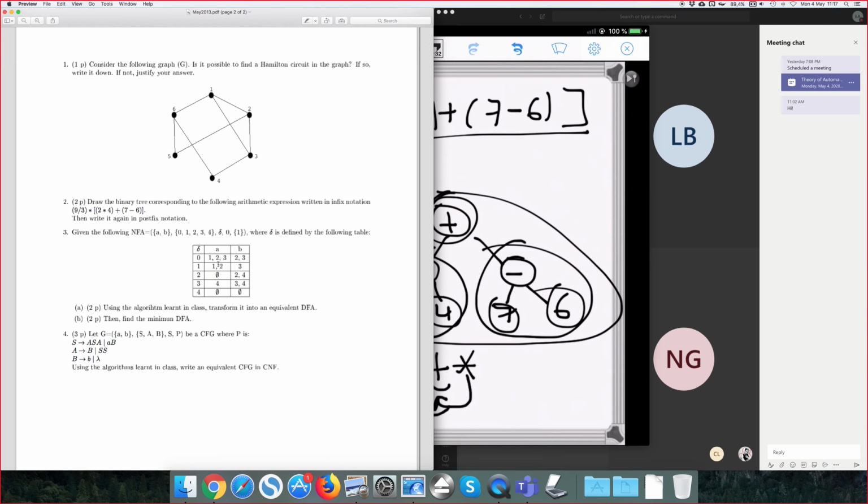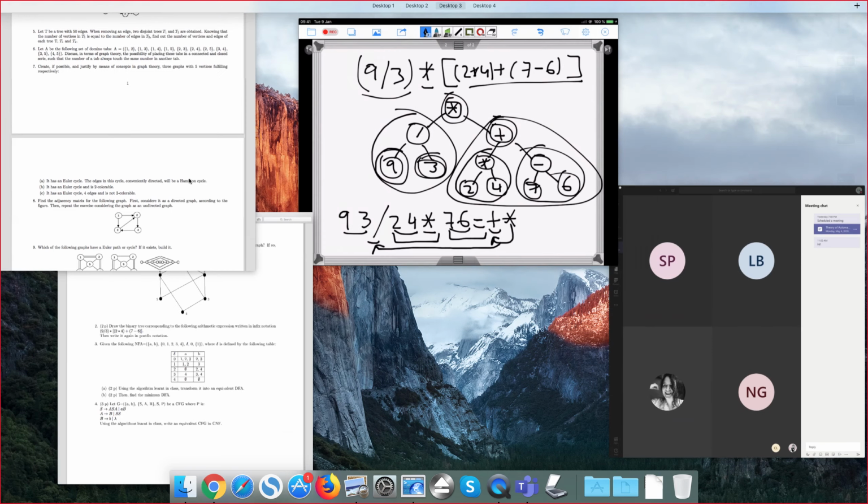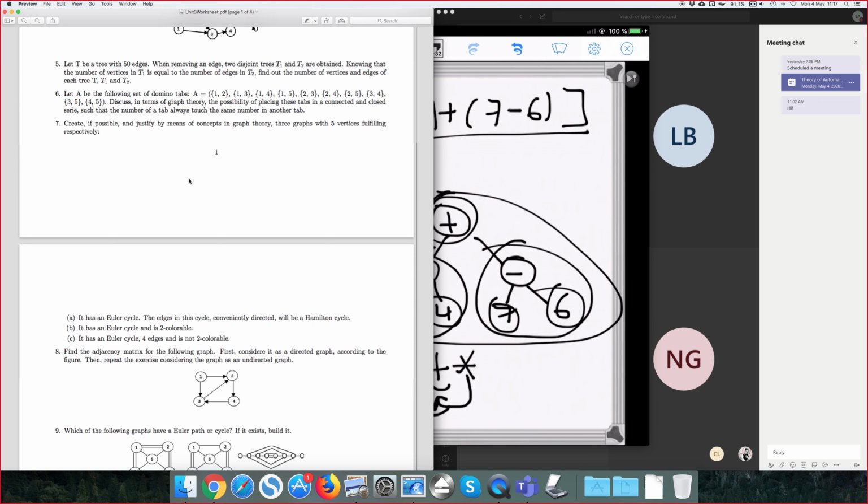The worksheet? Okay, yeah, I agree because these exercises are similar to some that we have already solved in the lectures, and if we have time, maybe we can come back, but maybe it's better to solve some exercises about graphs.